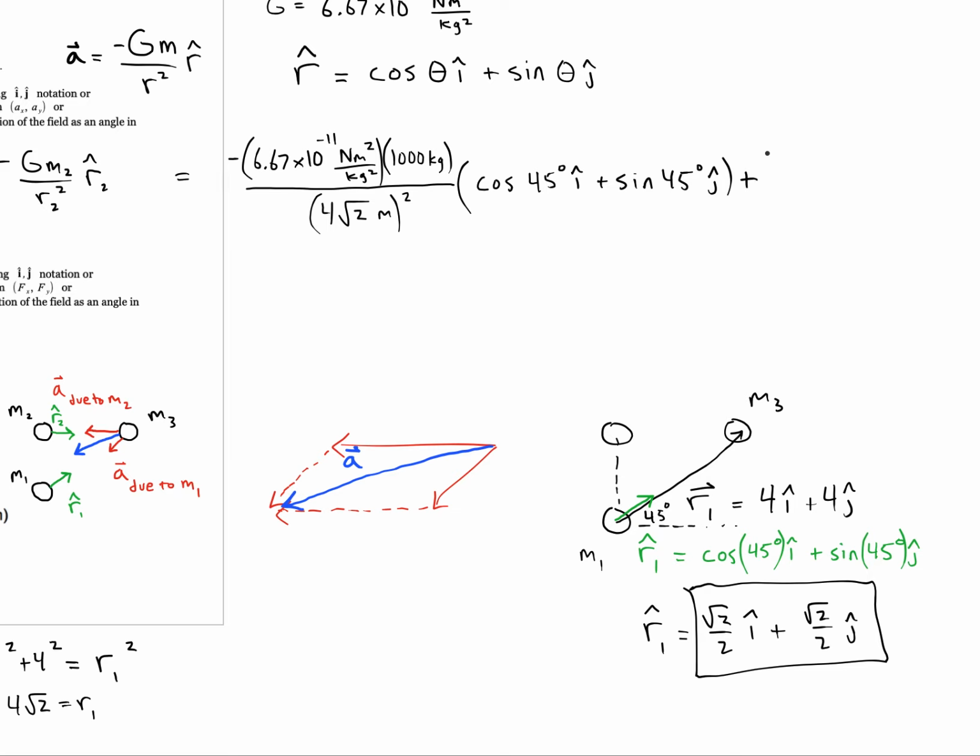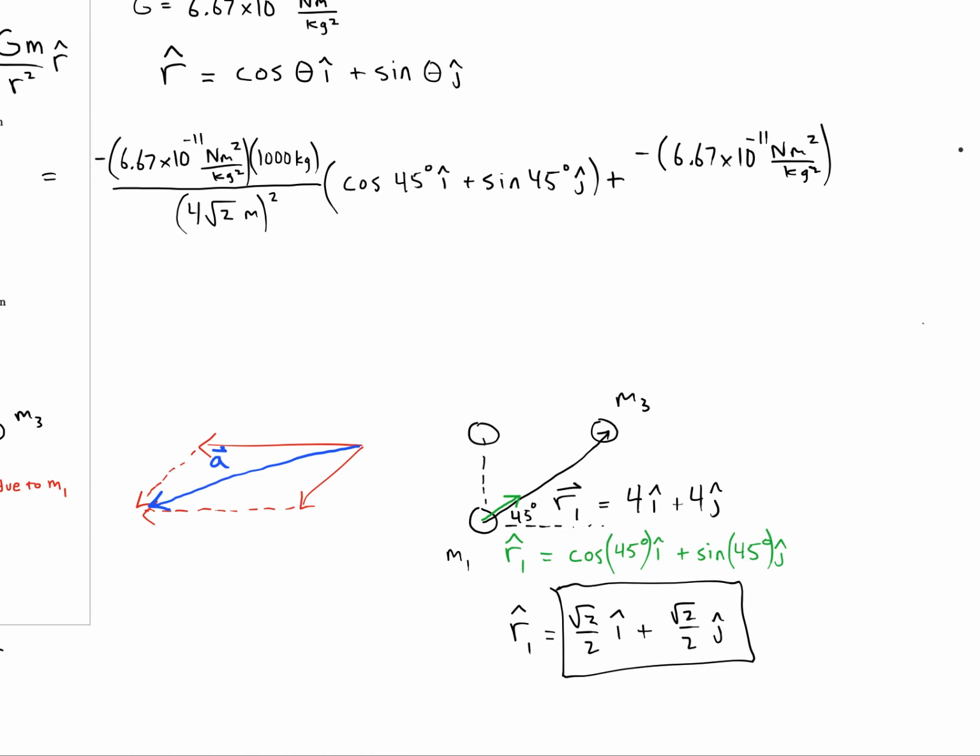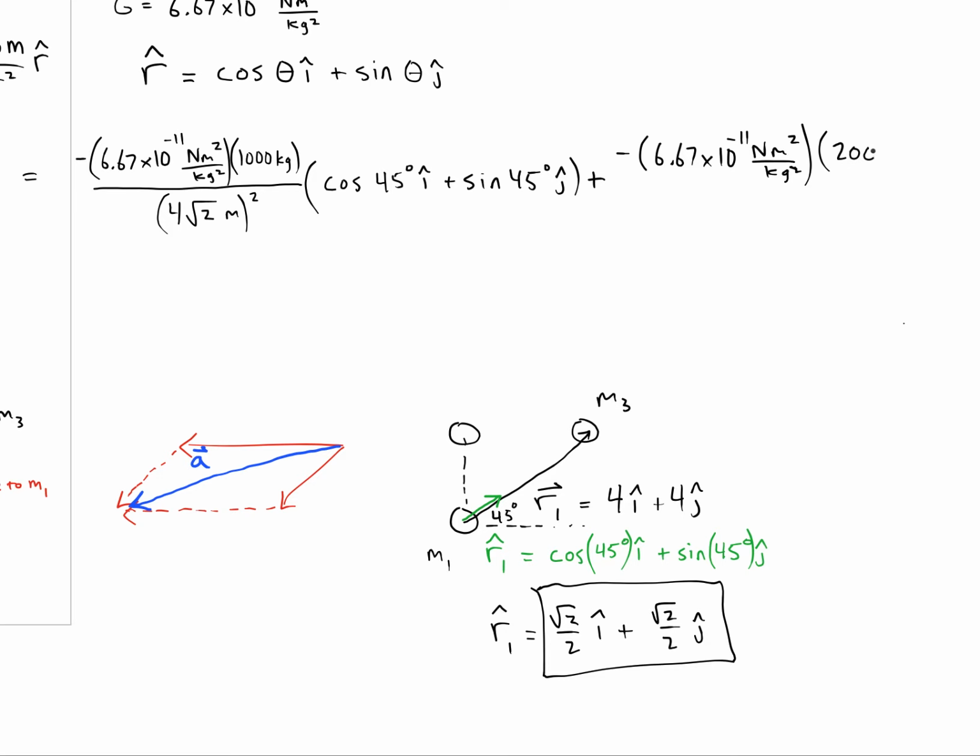M2 is easier. You just need 6.67 times 10 to the minus 11 times its 2,000 kilogram mass. Now the distance between M2 and M3 is 4, so that's what we put in the denominator.